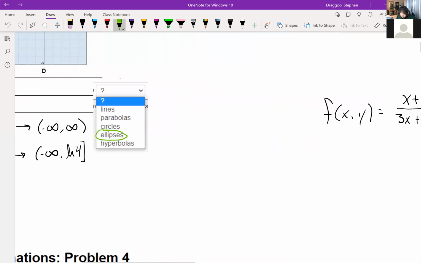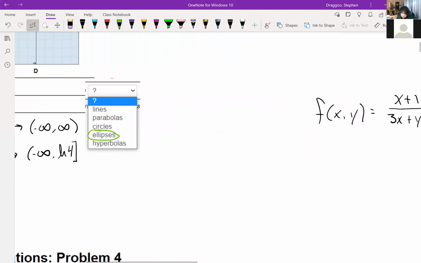Looking at each of the options in the pull down on this problem, I want to discuss what each of these things would look like. If we have a line, it'll probably look something like y equals x plus k, or y equals mx plus k.